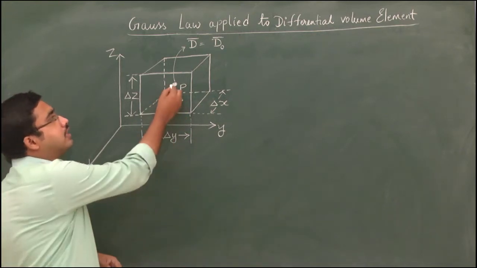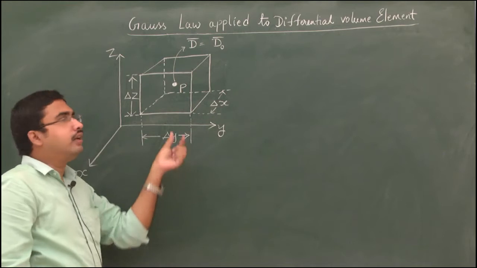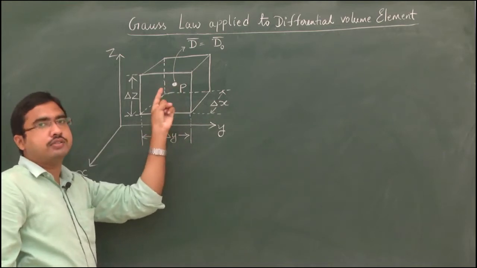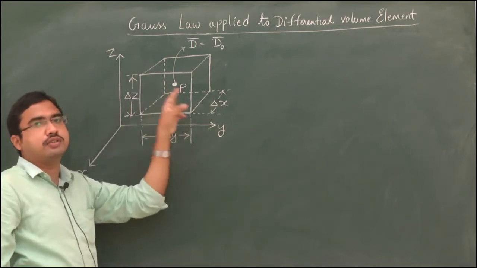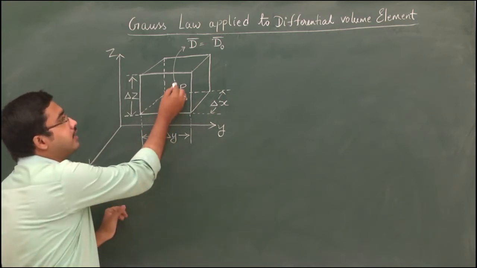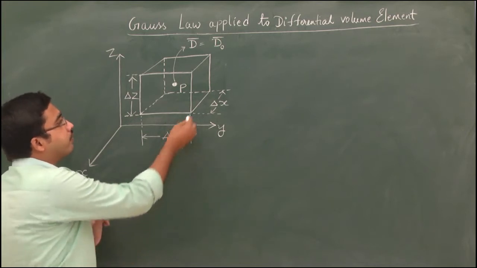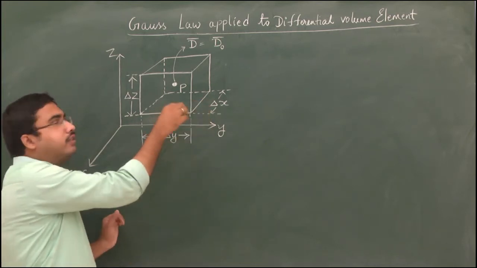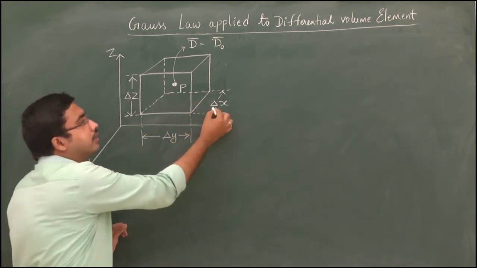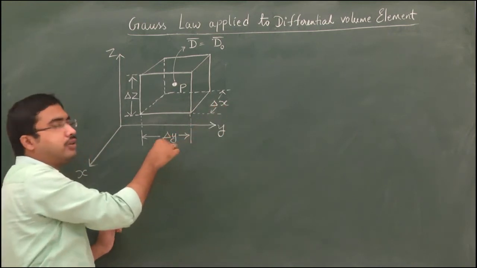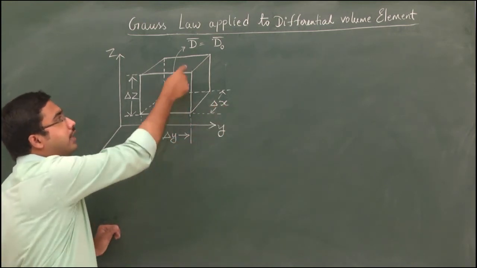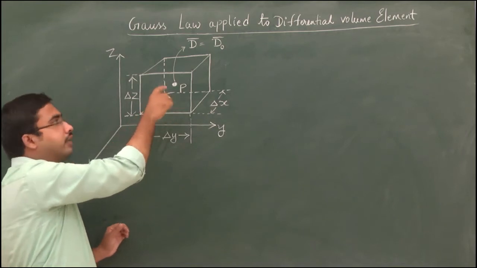Now I am considering the same point P exactly at the center of this small differential Gaussian surface, so that from wherever you look, the length from that point P will be delta x by 2, delta y by 2, like that we can write. This is exactly at the center of this cube, rectangular cuboid.